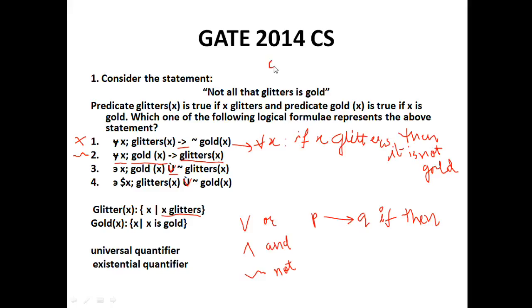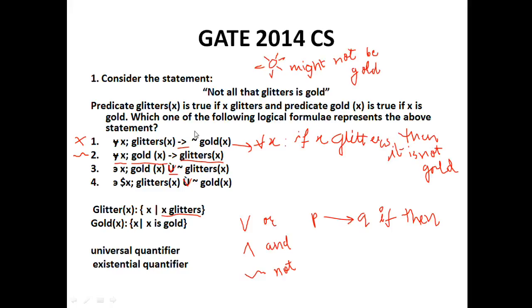So something is glittering, but it might not be gold. I hope this one is clear, right?